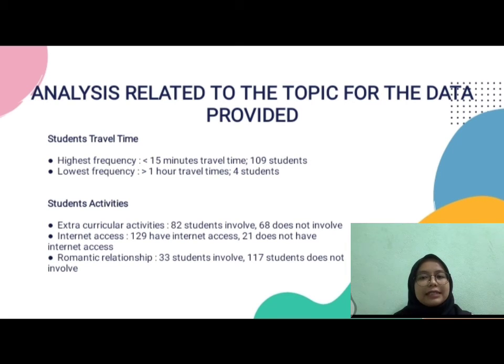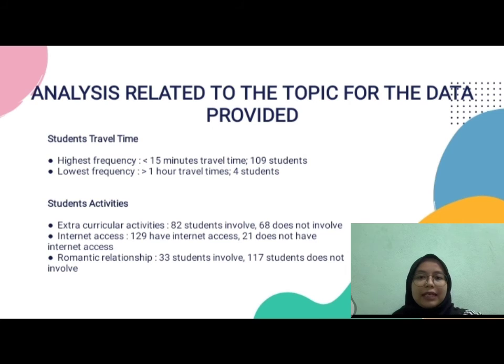For internet access at home, 129 students have internet access at their home, while 21 students does not have internet access at their home. Lastly, for romantic relationship, 33 students involved in the romantic relationship, while 117 students does not involve in romantic relationship.